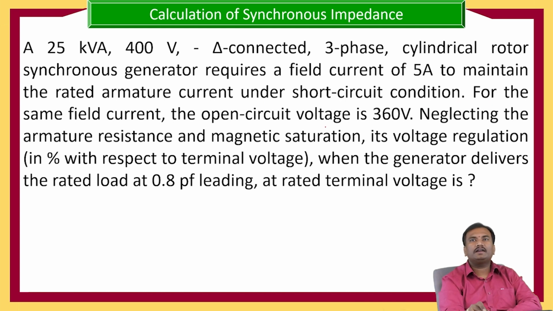For the same field current, the open circuit voltage is 360 volts. By neglecting armature resistance and magnetic saturation, what is its voltage regulation when the generator delivers the rated current at 0.8 power factor leading and at rated terminal voltage?